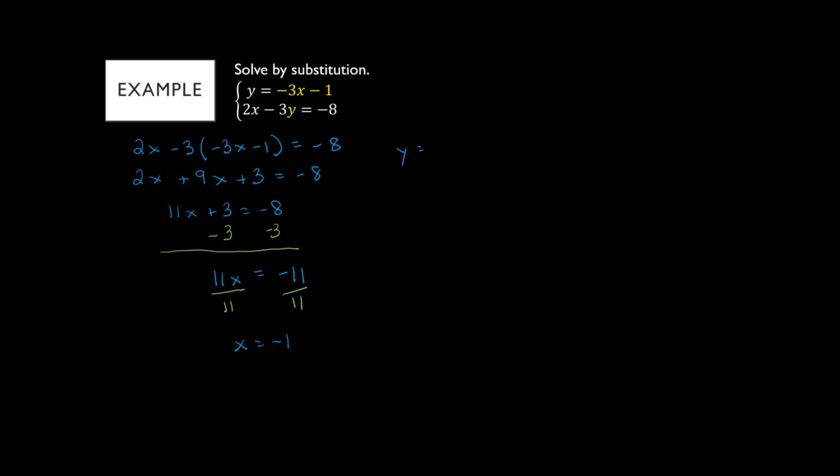So y is equal to -3x minus 1. So that's -3 times -1 minus 1 because x is -1. So -3 times -1 is 3. So we have 3 minus 1, and it gives us a y value of 2. So our ordered pair is -1, 2. And that is our solution.